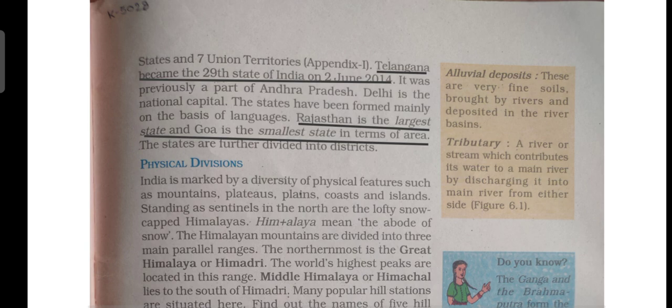So first is Andaman and Nicobar Islands, second is Chandigarh, third is Dadra and Nagar Haveli and Daman and Diu, then fourth is Delhi, then fifth Ladakh, then Lakshadweep, Jammu and Kashmir, and lastly Puducherry. So these are in total the 8 union territories.